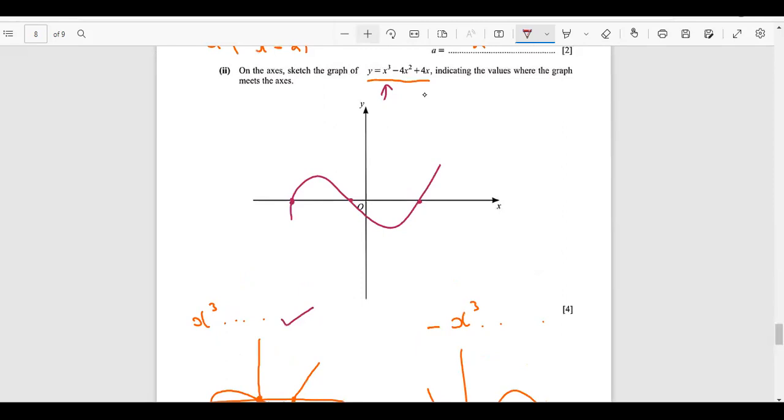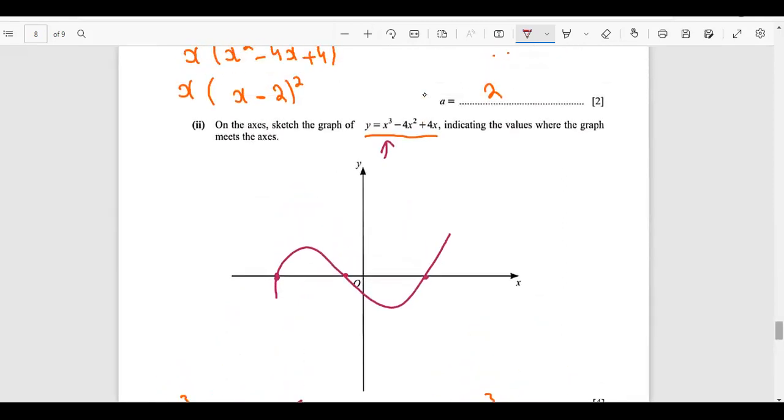Now we know when the graph is cutting the x-axis, the value of y is 0. After simplifying this, we got y equals x into x minus 2 squared. Okay, we know that on the x-axis y is 0, so we would have x into x minus 2 squared equal to 0.